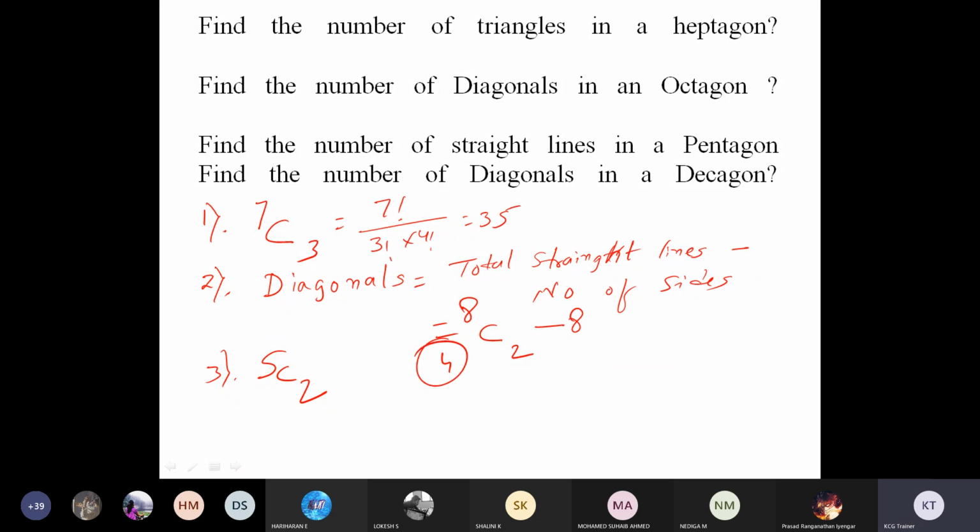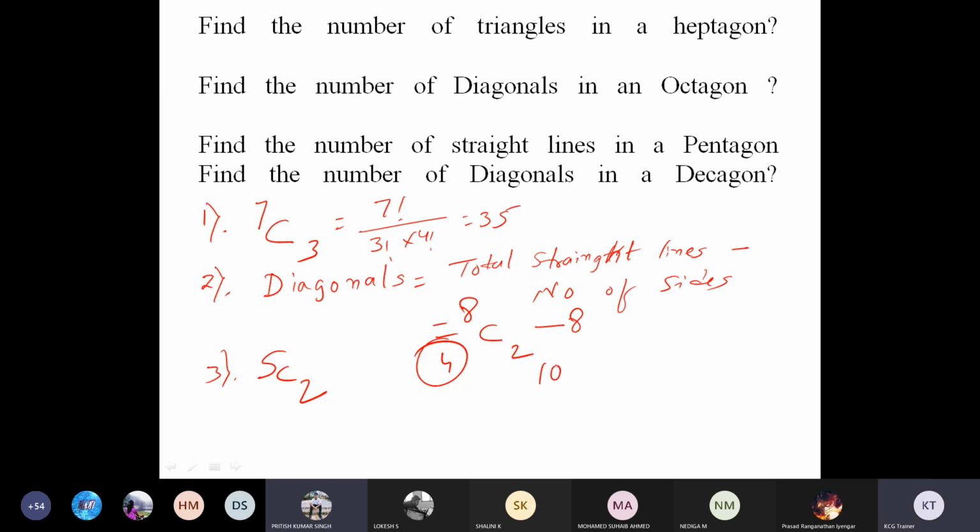Just now I told you the concept of diagonals. How to find diagonals?